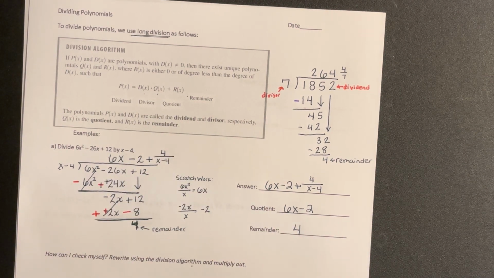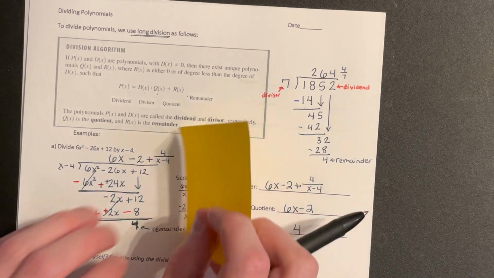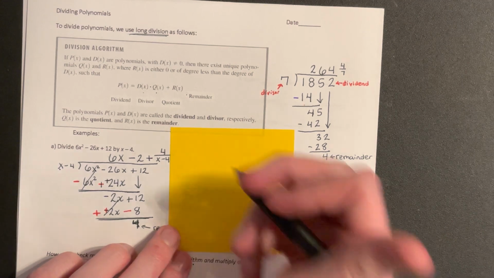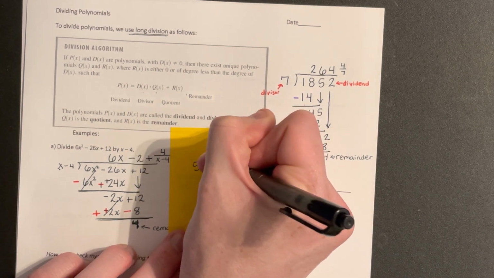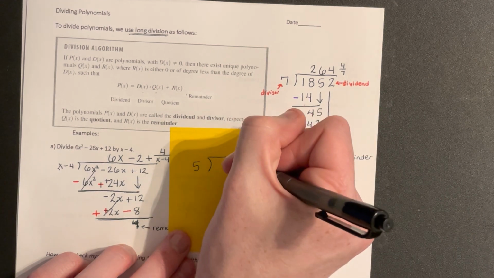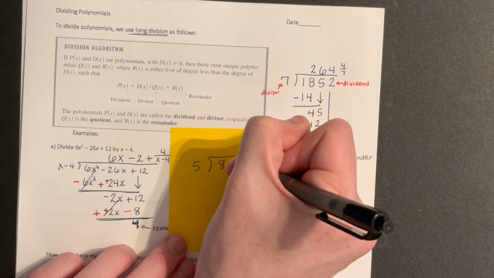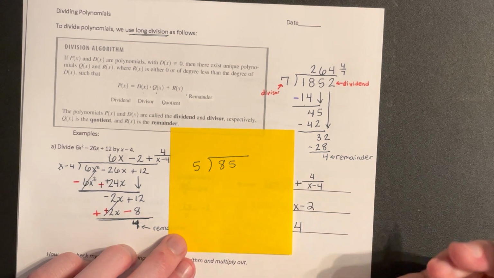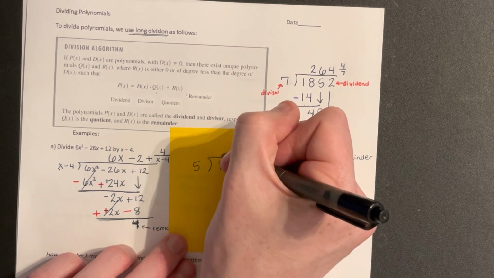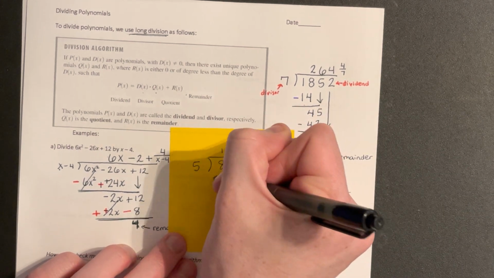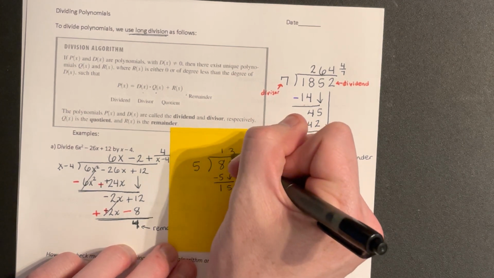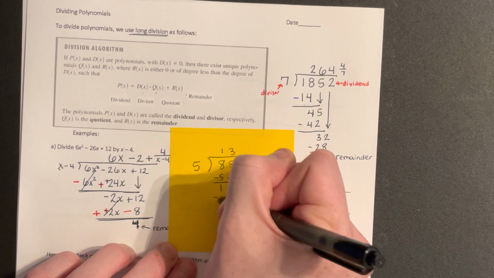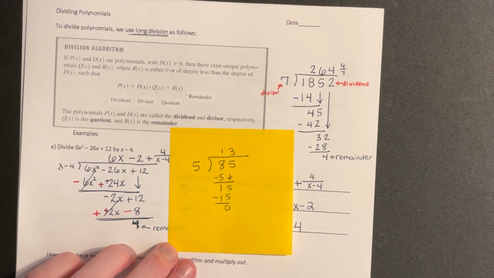All right, that doesn't make a whole lot of sense to us yet, but let's think about this with regular numbers. Let's say I have 5 into 85. 5 goes into 8 one time. 5 goes into 35 3 times. It has no remainder.